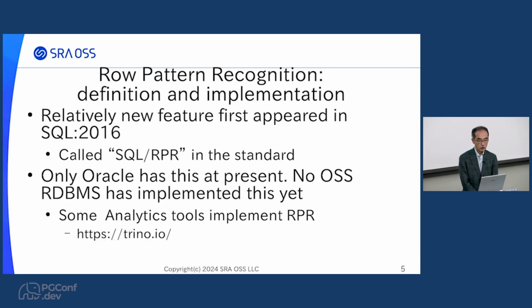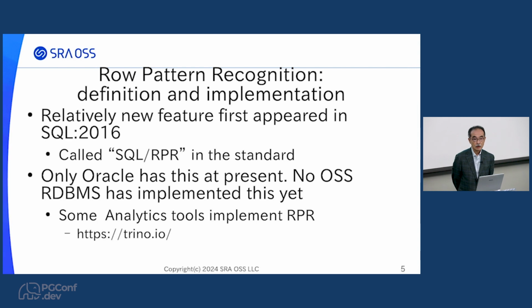So let's talk about the definition of row pattern recognition, which first appeared in the SQL standard 2016. In the standard, it is called SQL/RPR. That is a relatively new feature because it appeared in 2016. It sounds like a long time ago, but in the SQL standard world, this is considered new, I think.